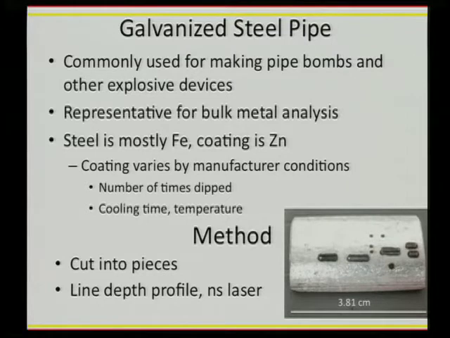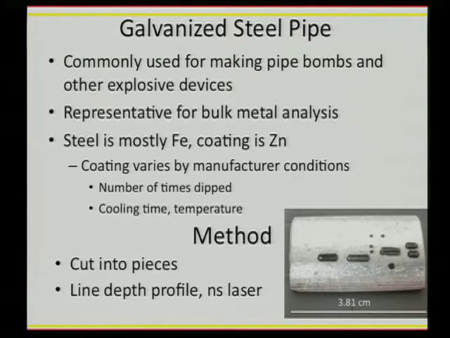And this coating can vary by manufacturer conditions, such as the number of times it's been dipped, the cooling time, the cooling temperature. And so possibly we could go back and do a layer-by-layer analysis and see how thick these layers are. So what we did was we took pipe, cut it into pieces. We did a line depth profile with a nanosecond laser.